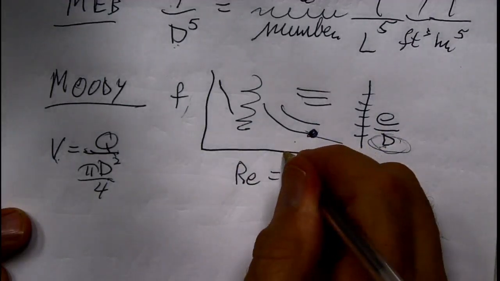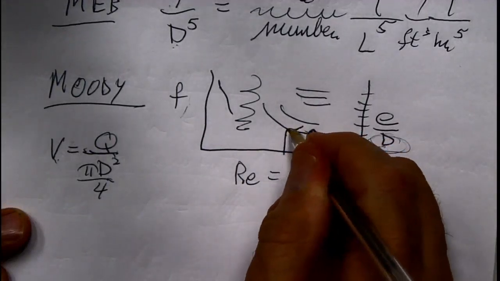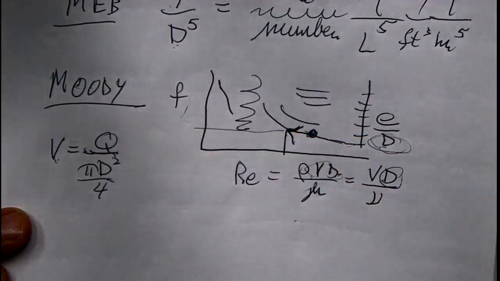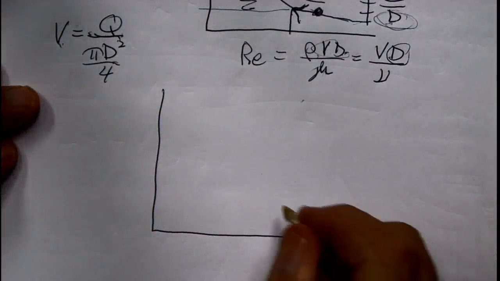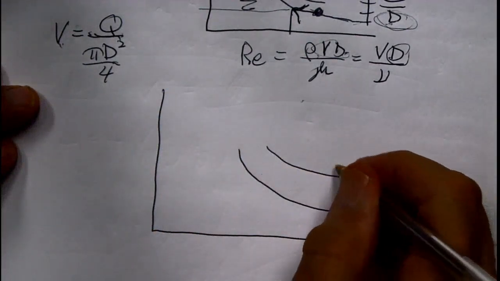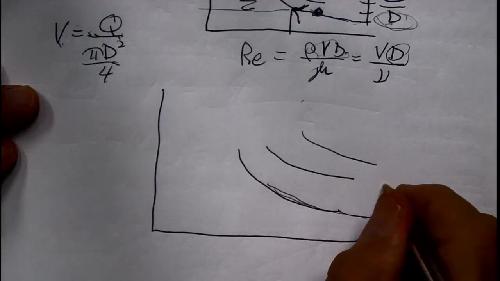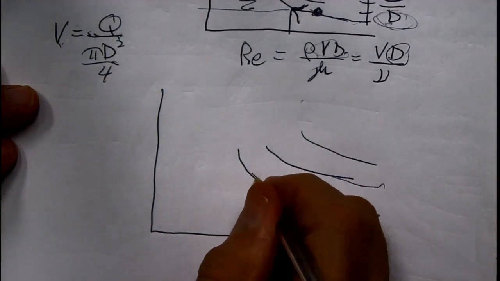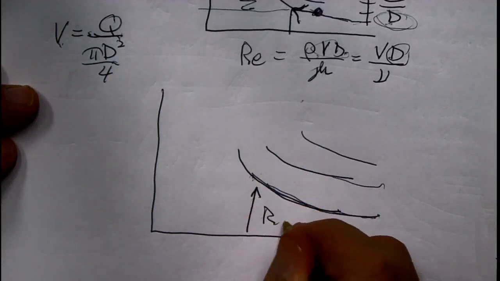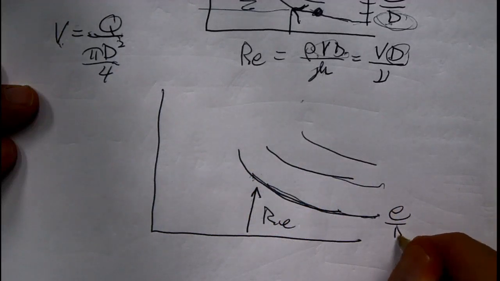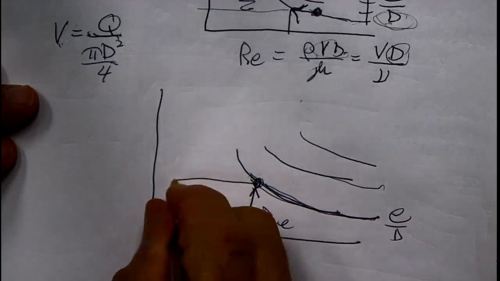And so I have my Reynolds number, I come up, I follow relative roughness up this way and come across. Let's go over that real quick because on the Moody diagram, these lines over here are constant relative roughnesses. I follow the E over D curve up, hit the Reynolds number, and then I come straight across.